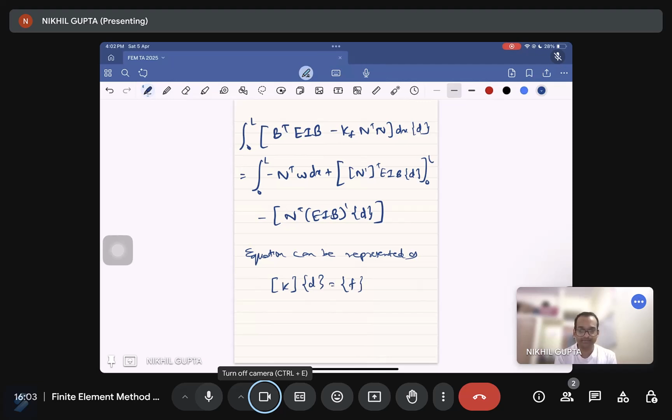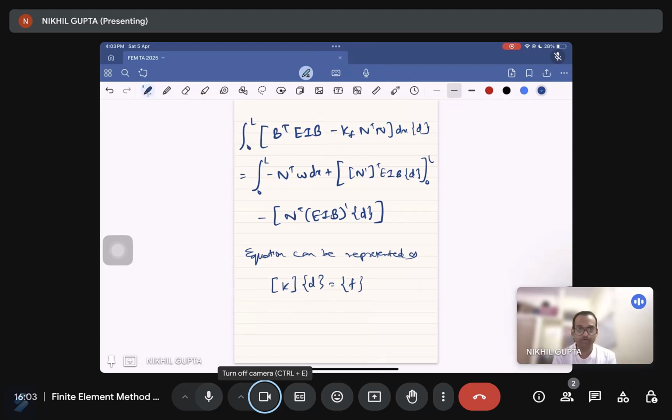Since it's the ending of your course, you should now have a hands-on understanding of how to start with the discretization of a problem. Whatever problem is given, you should be able to discretize it into elements, put in nodes, and solve each element separately.